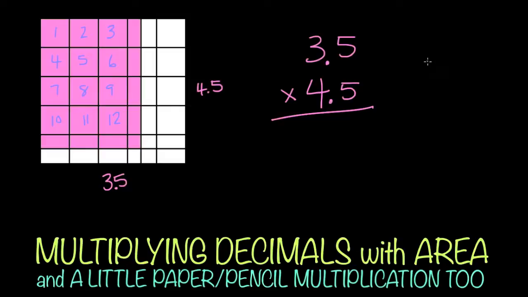Okay, so we got 12 whole, right? And then we have 1, 2, 3, 4, 5, 6, 7 halves. What's 7 halves? If we count 2 at a time, we got 1 whole, 2 wholes, 3 wholes, with 1 half left over, so that's 3 and a half.